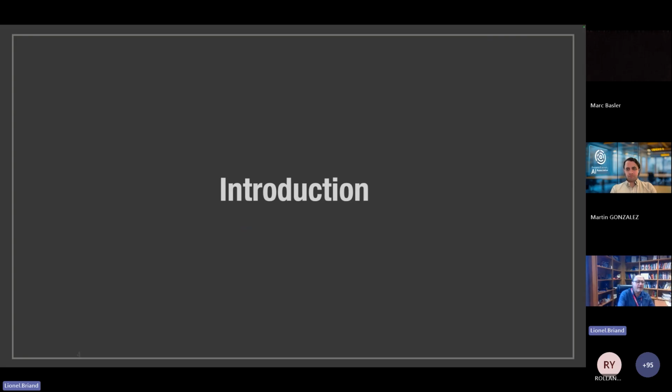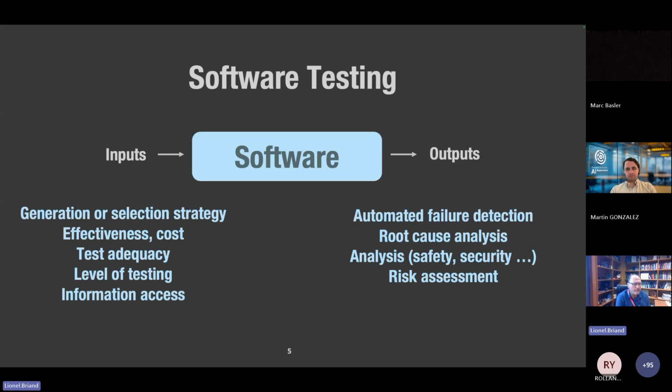So let me first give you an introduction, because again, you may not be very familiar with, for example, what software testing is. Software testing is basically the automated generation of test inputs in order to exercise a software system and effectively and efficiently detect faults, vulnerabilities, safety violations, whatever you're interested in.